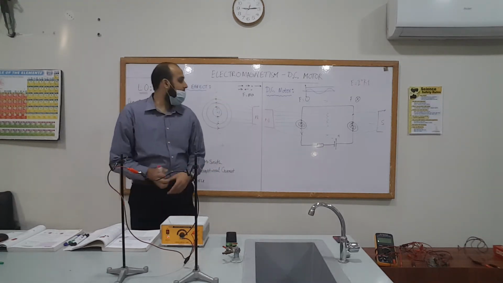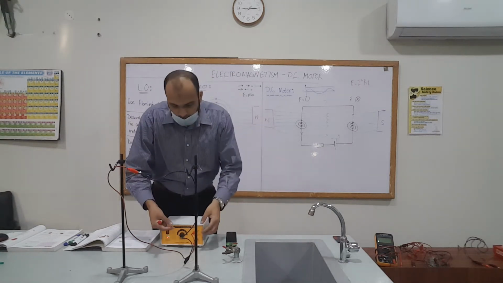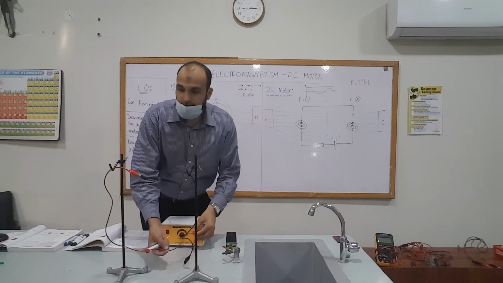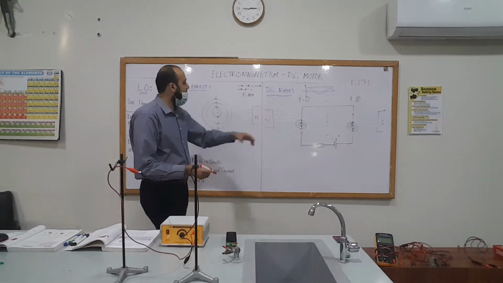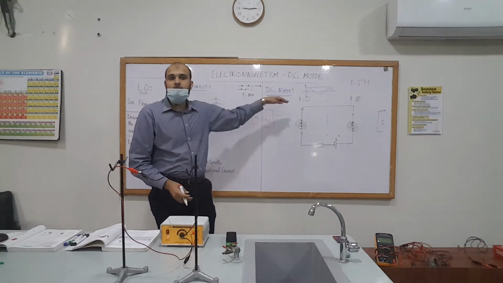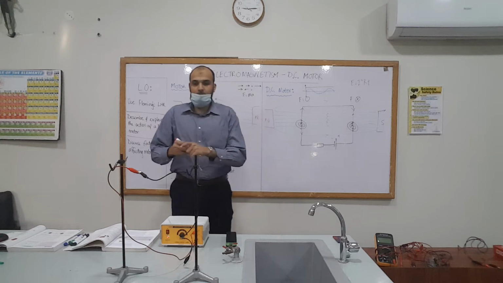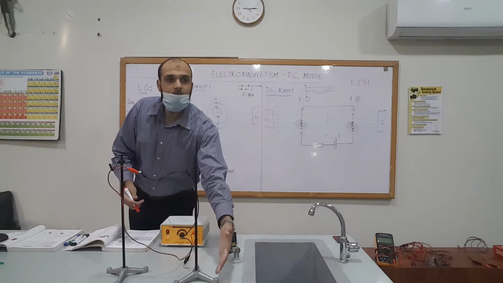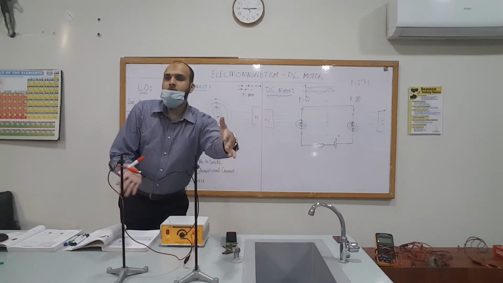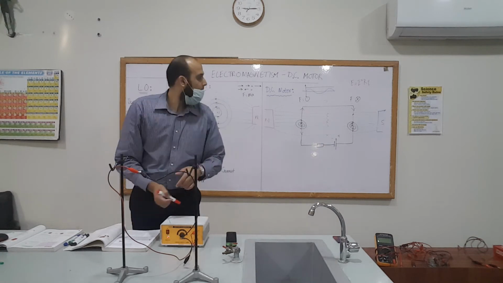Now let's discuss: the direction is reversed. Look at how the red wire, this time the conventional current is flowing up, and the black one on the right is going down, because the direction is reversed.